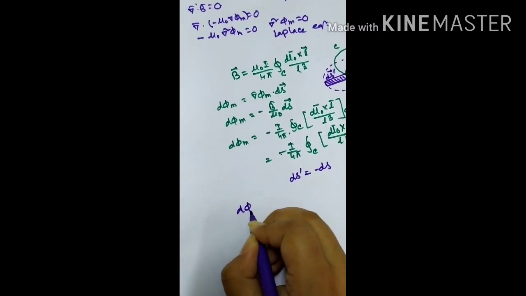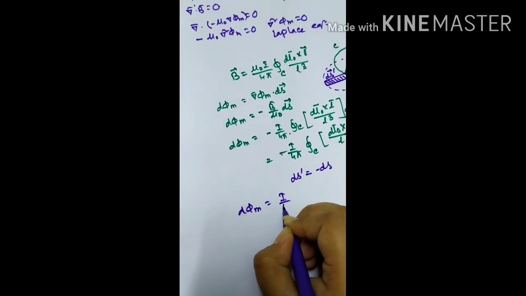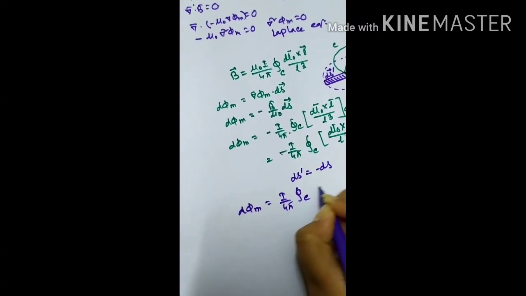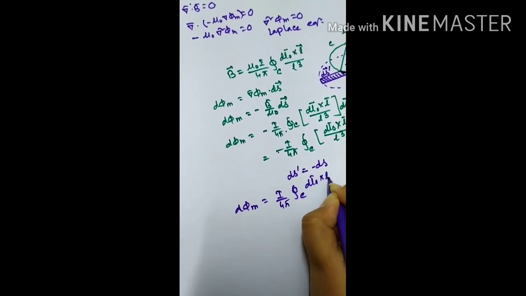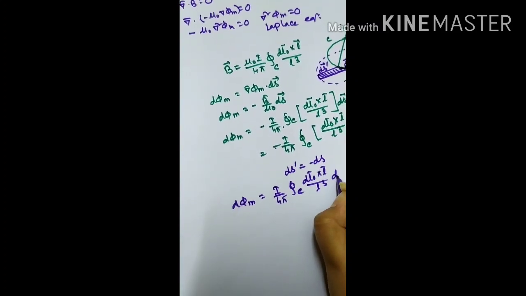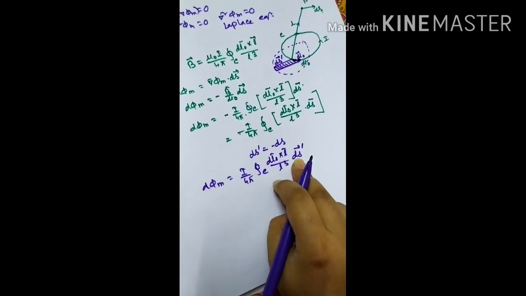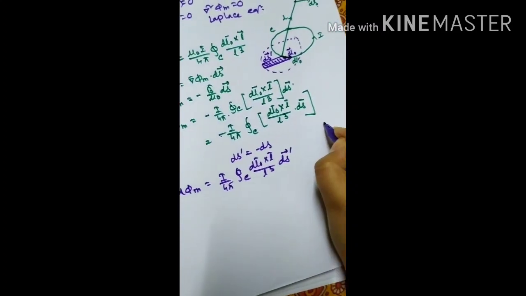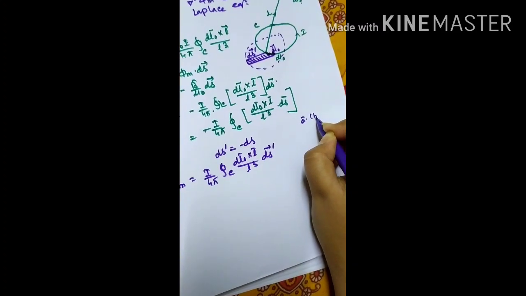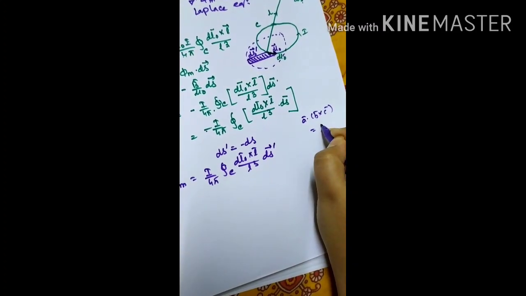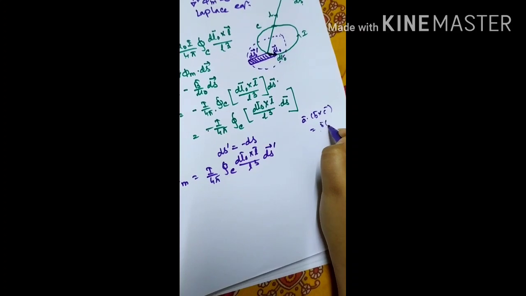Then we can write that d phi m equal to I by 4 pi closed integration of dl0 cross L by L cube dot ds prime, since minus ds means ds prime. Now we know that we can interchange a dot b cross c equal to b dot c cross a.